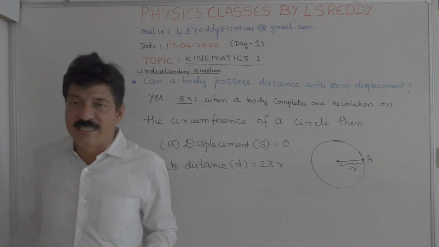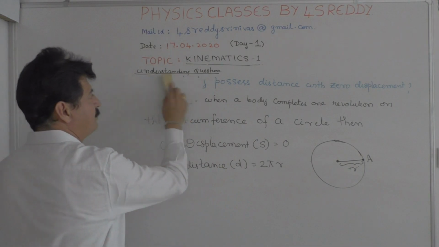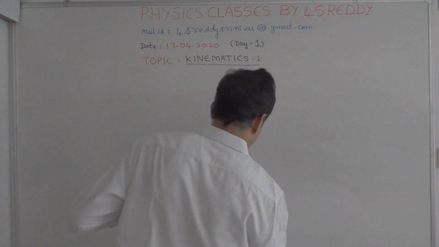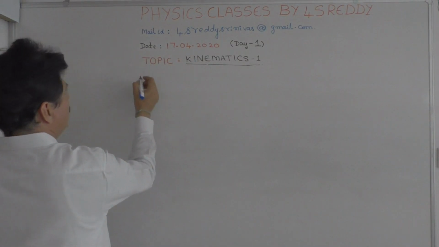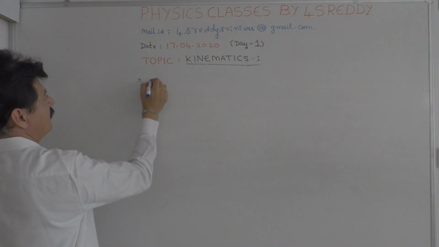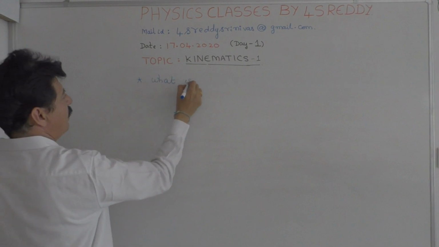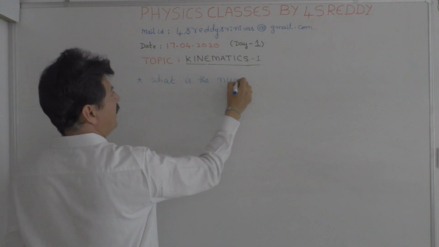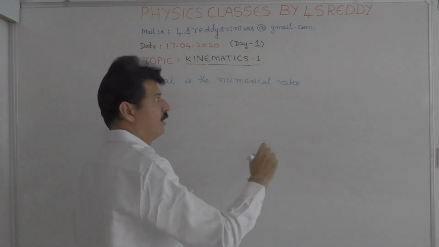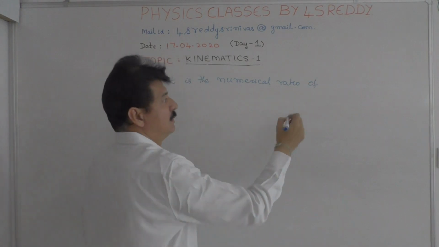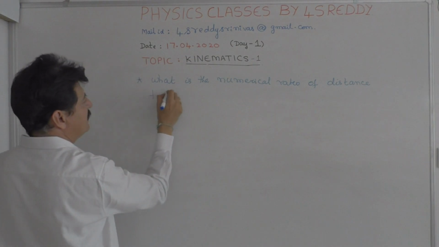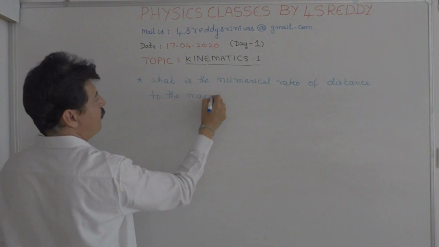You may be asked another question like this: what is the numerical ratio of distance to the magnitude of displacement?